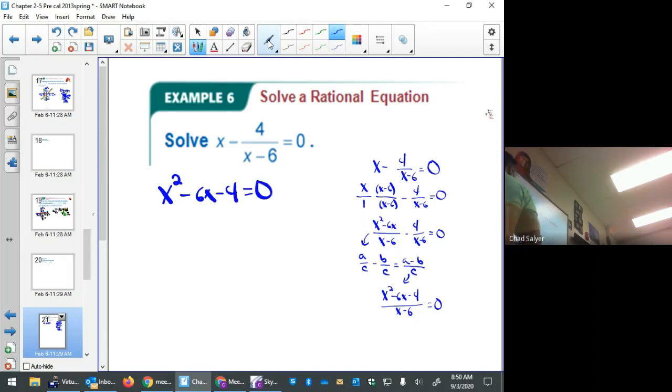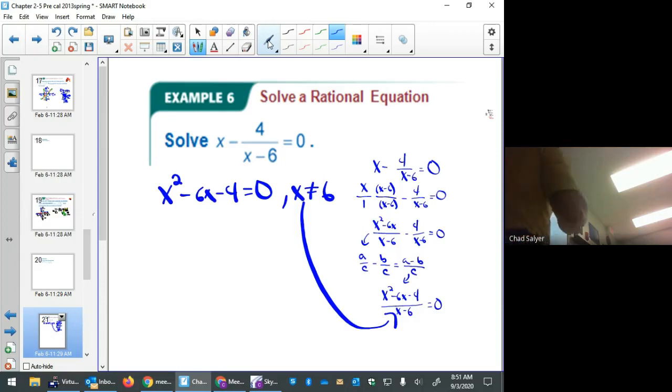I'm going to solve this, but I have to make sure to not violate the division by 0 rule. So I'm going to say x could never equal 6, and that's, again, because of that denominator. So if I set the numerator equal to 0, that will give me the x values that solve this, but I have to be careful never to divide by 0. So 6 is disallowed. If we happen upon 6 as an answer, it's no good.